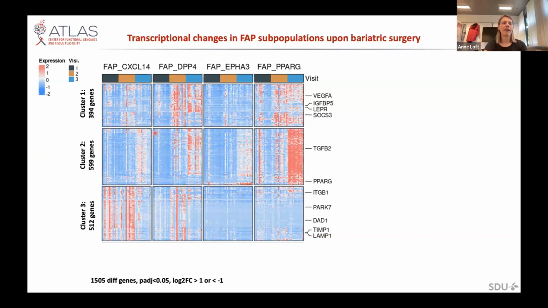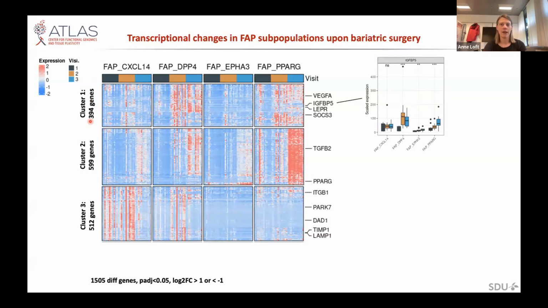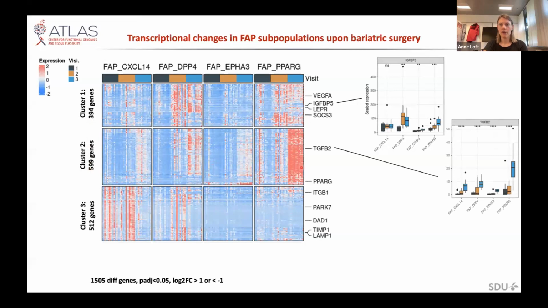Here we see that cluster 1 contains the genes that respond to both moderate and bariatric surgery-induced weight loss, and is, for example, genes linked to insulin signaling. Then we have cluster 2 genes, which are upregulated in response to bariatric surgery, for example TGF-beta2.